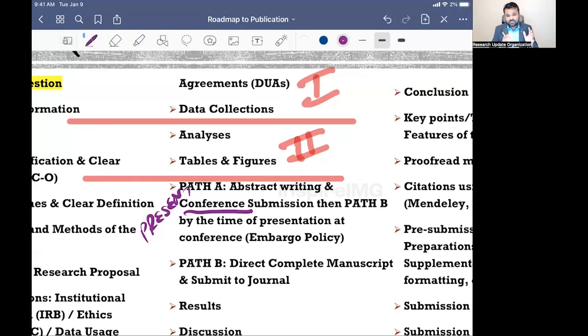The conference association, let's say the American Heart Association, publishes it. Once you present the work at the American Heart Association conference, they publish it in their affiliated journals, let's say Circulation, let's say Stroke. That finishes the presentation part.